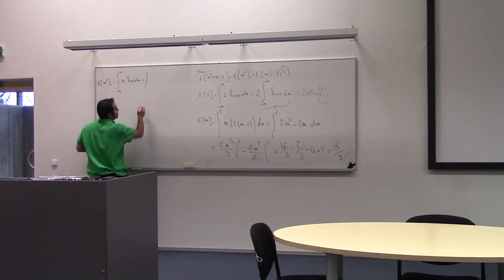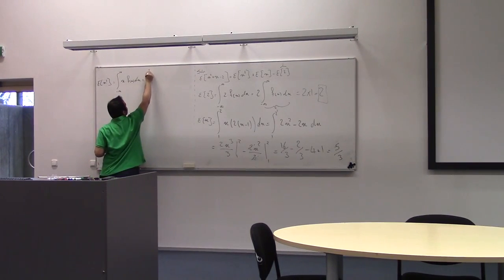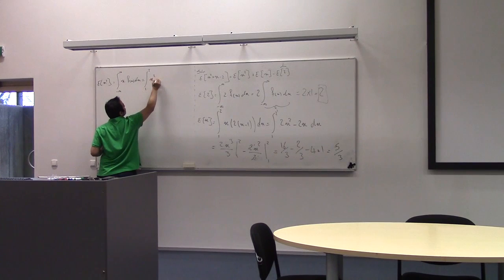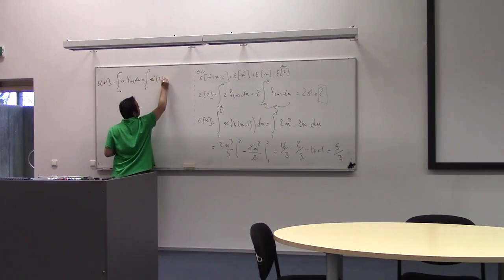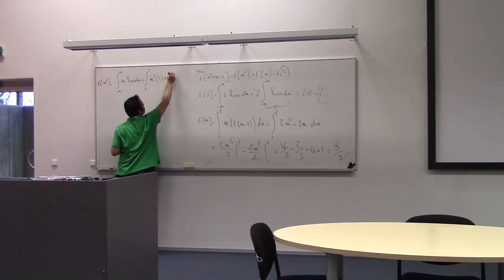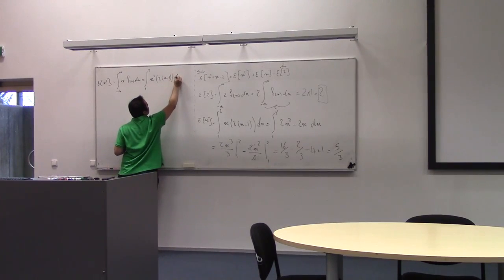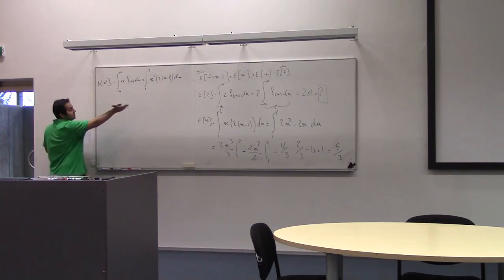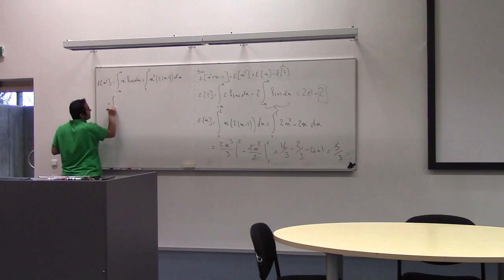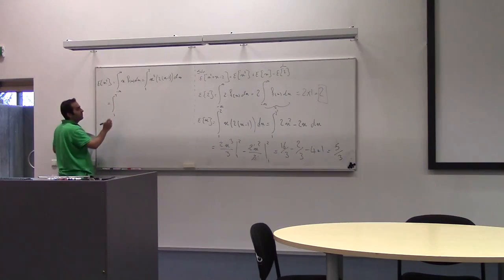Also x is between 1 and 2. Then we can write x power 2 times f(x), which is 2x minus 1, dx.